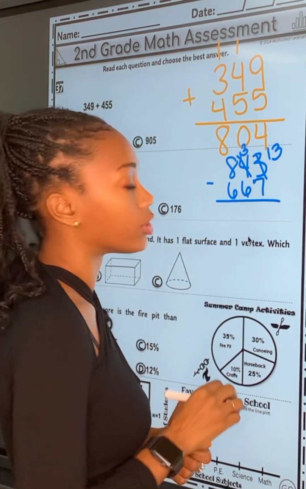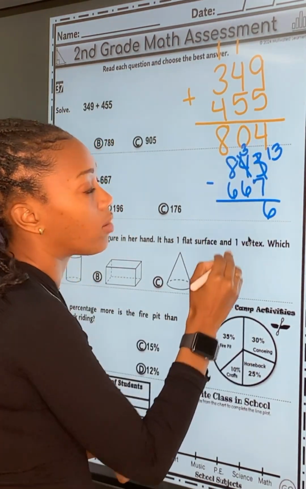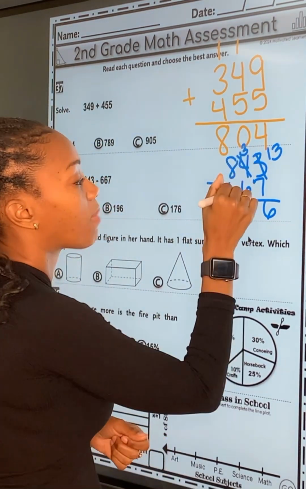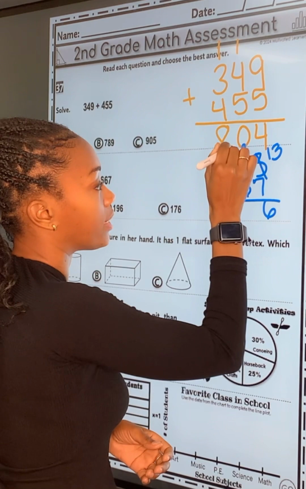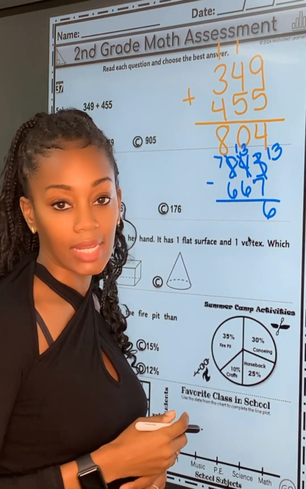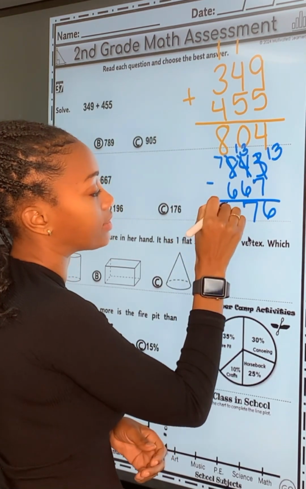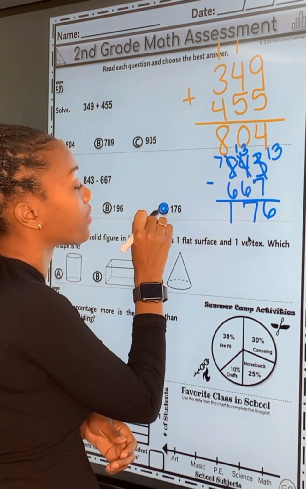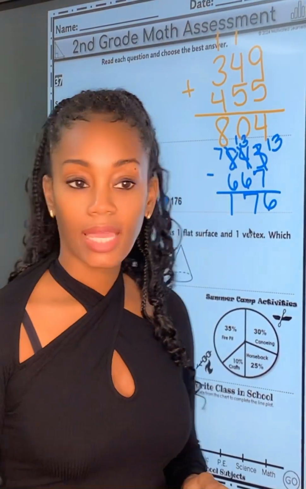That becomes a 13. 13 minus 7 is 6. Now I go to my tens place. 3 minus 6 I know I can't do, so I need to borrow from my hundreds place. That now becomes a 13. 13 minus 6 is 7, and 7 minus 6 is 1. So my difference is 176.